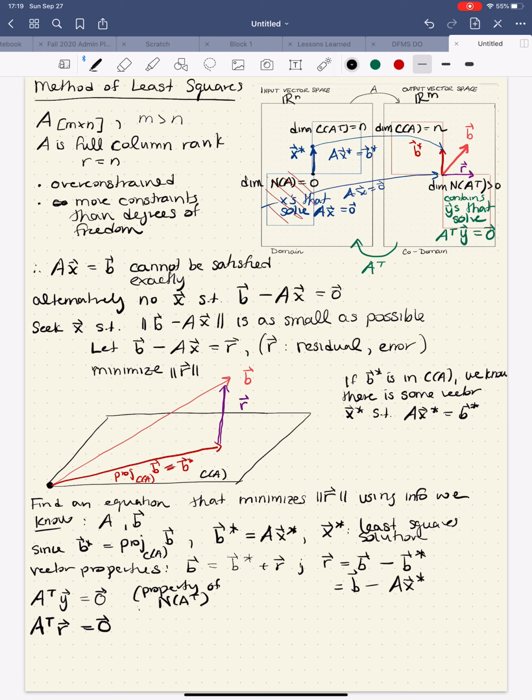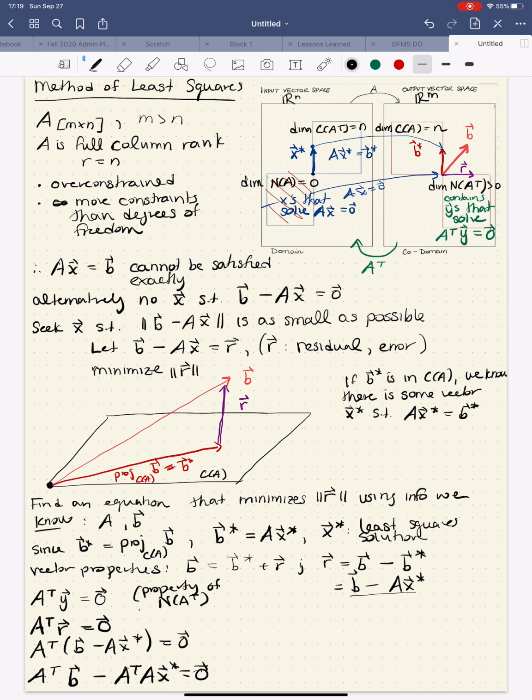And I just so happen to have an equation for R. So A transpose times B minus AX star equals 0. And now I just need to do a little bit of algebra here. A transpose B minus A transpose AX star equals 0.